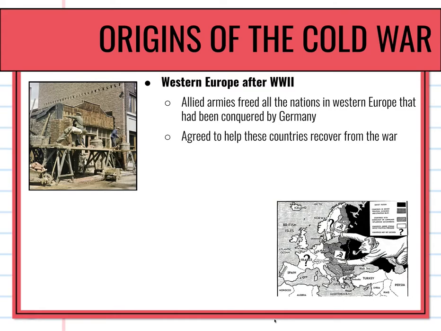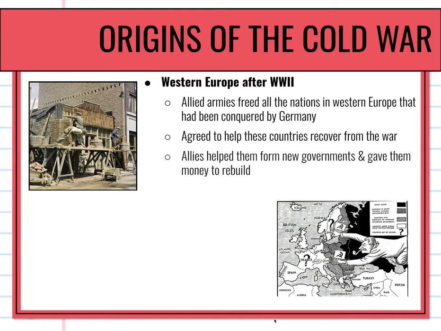They wanted to help them both physically rebuild and economically rebuild. So the Allies got together, agreed to help them form new governments, give them money to rebuild. Remember, these nations, for a couple years had been under German control, so they needed new elected leaders to stabilize these nations. After they felt like they were on their feet, the Allies left.